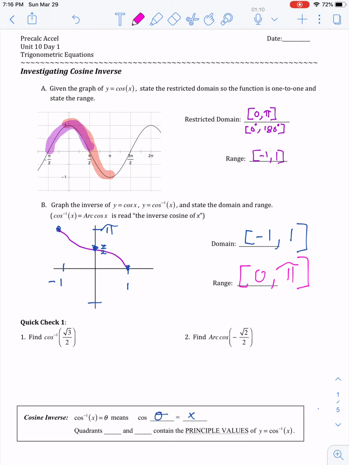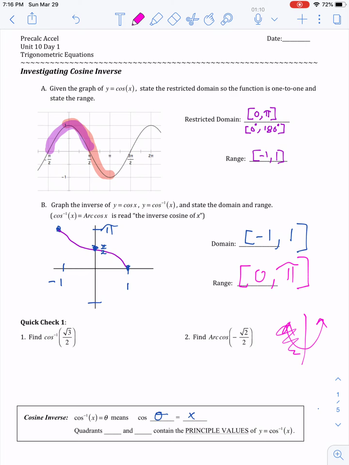Because a parabola isn't one-to-one, we had to restrict part of the parabola so that we didn't include multiple outputs, and that allows us to find the inverse function, a square root, which allowed it to function. So just kind of relating back to that.